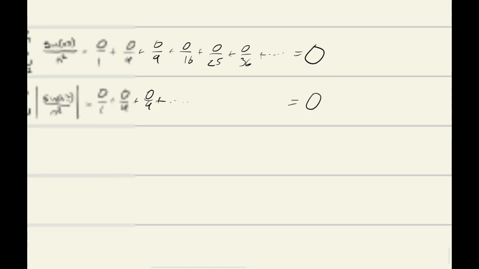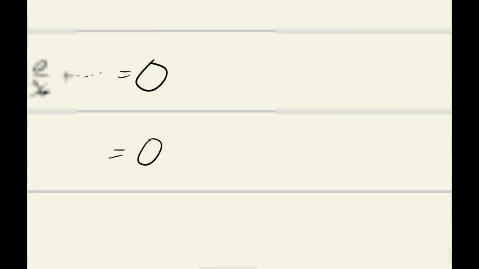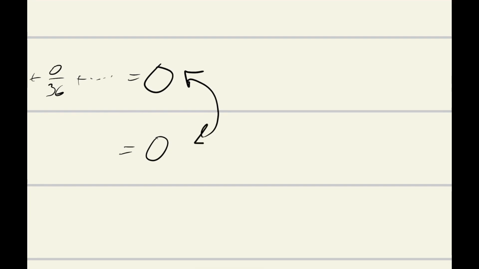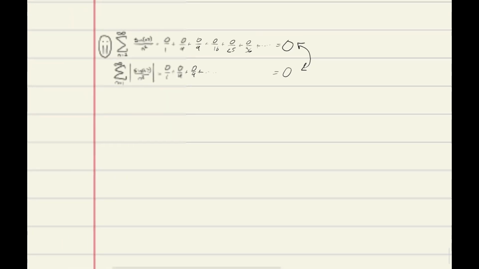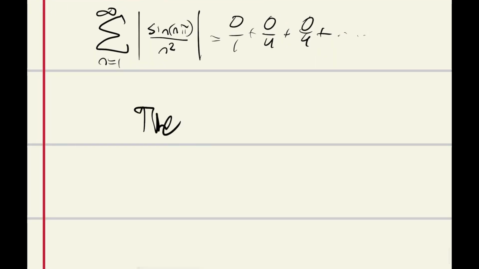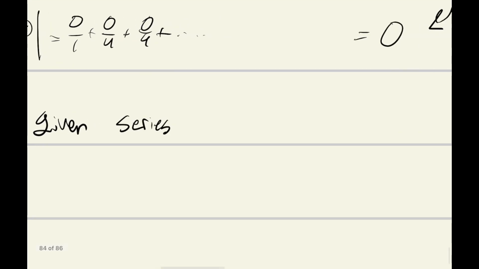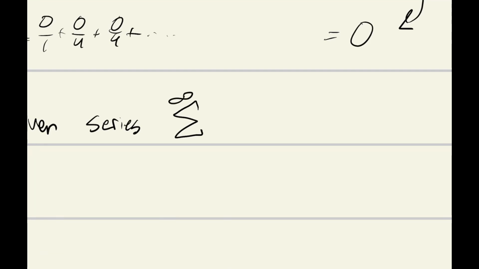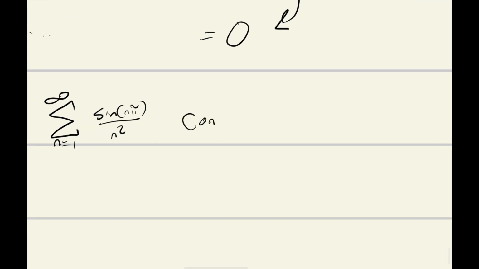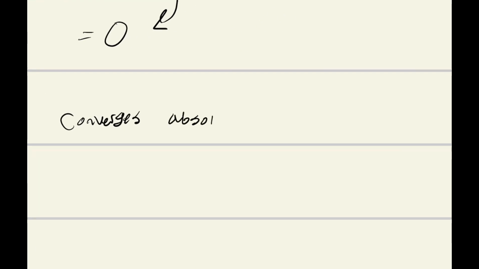And since the absolute value of the series equals the same value as the normal series, we can say the given series, sine of n pi over n squared, converges absolutely.